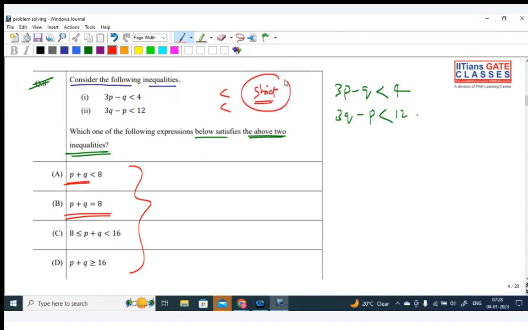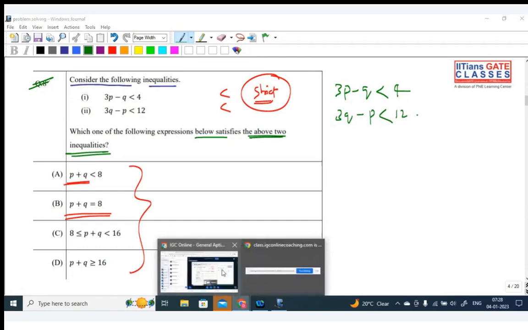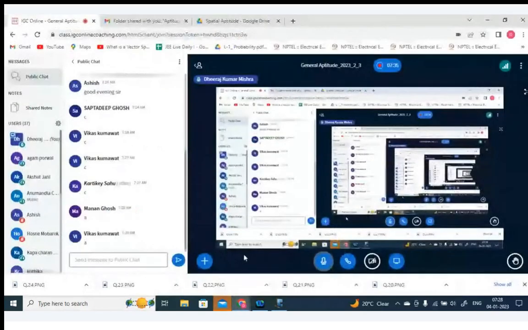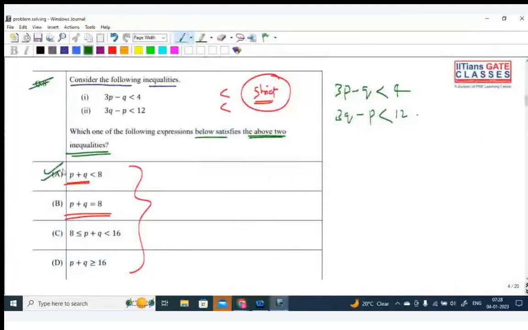Strict inequality will be there. Always keep this in mind, okay? There will not be any equal kind of. So I think without solving this question you can solve, okay? Yes, I believe everybody understood this question, right? So option A is going to be correct, okay?